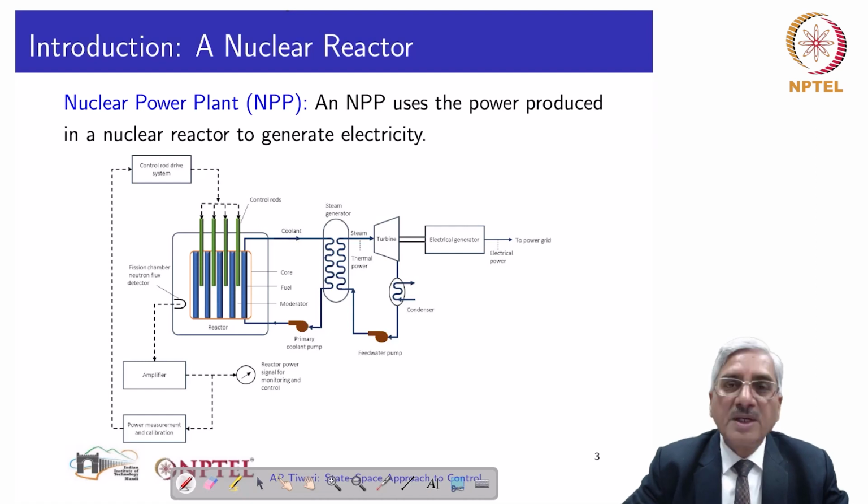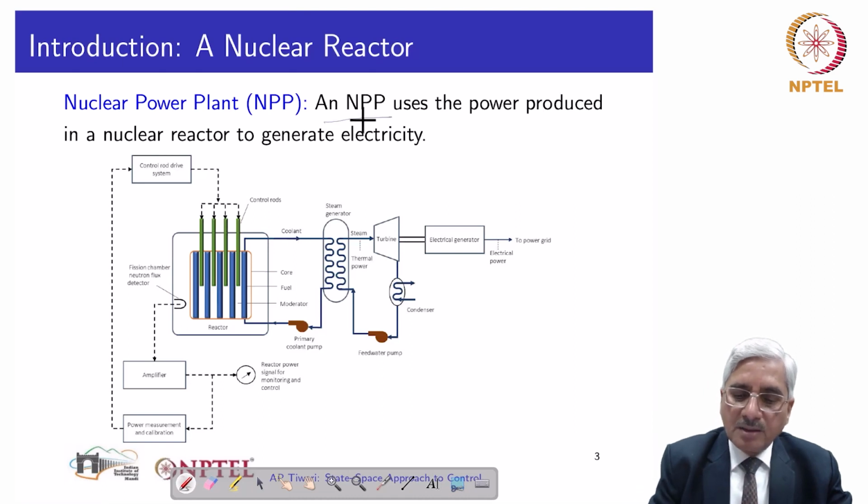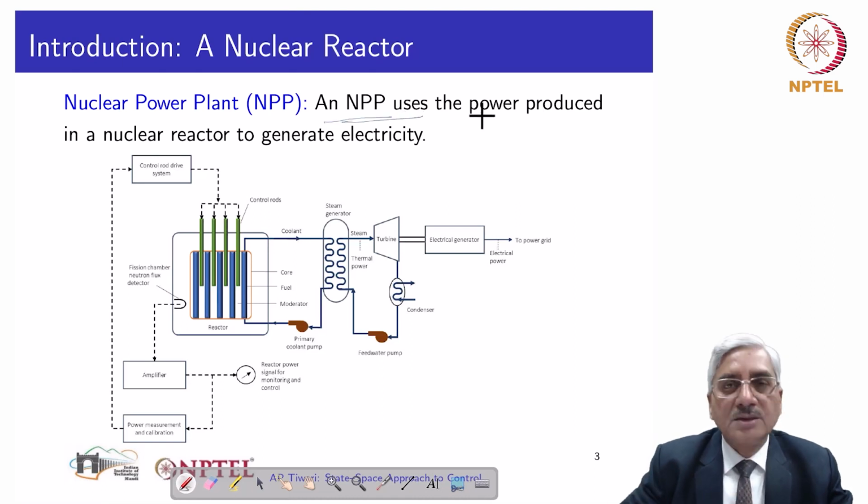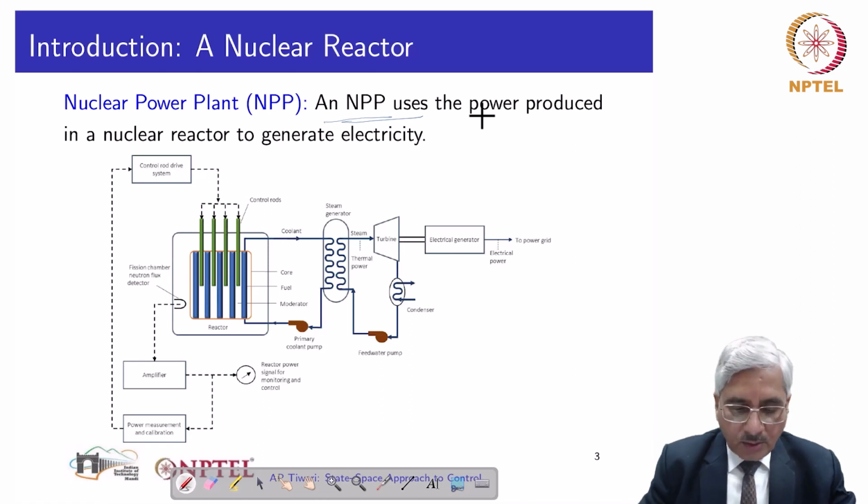This is a schematic of a nuclear power plant. Basically, a nuclear power plant is one which produces power based upon nuclear energy, the fission energy generated in the core of the nuclear reactor. So this shows the reactor.